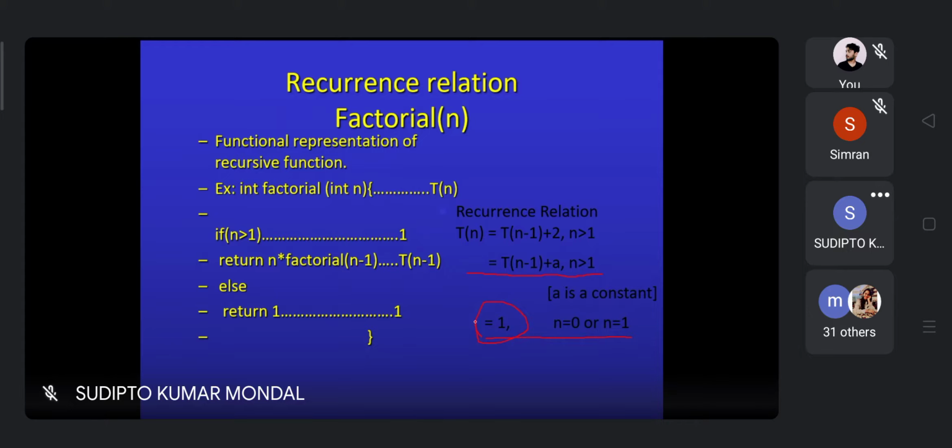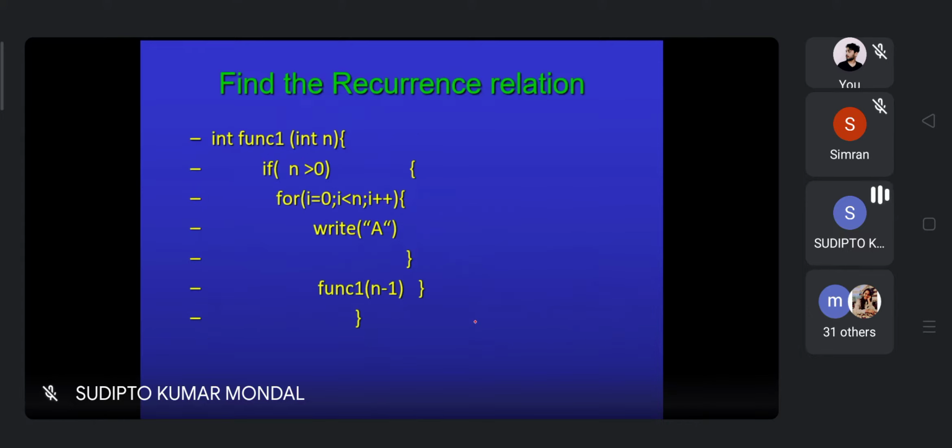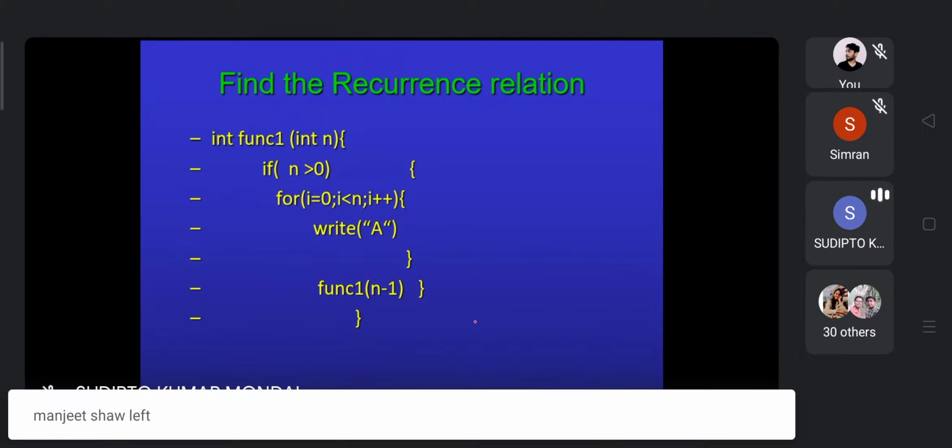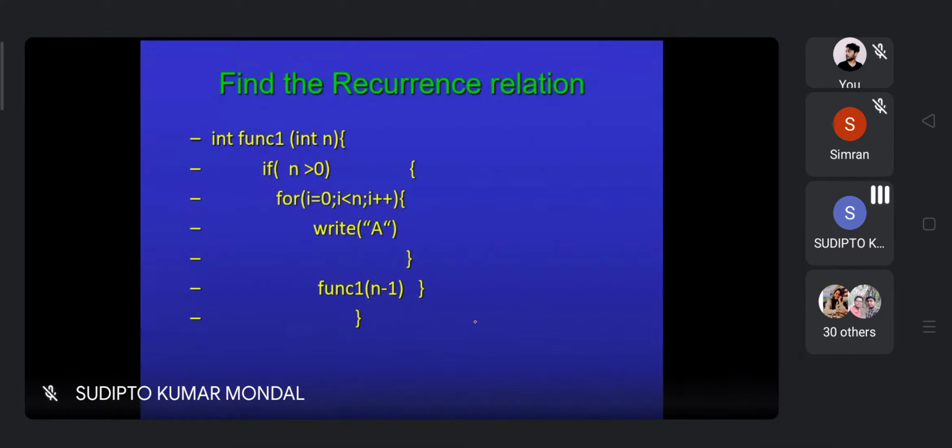Now let's switch to another function. This time my function name is func1, and certain steps are there. She asked me whether the if is always executed one time or not, and I said one. Now this time along with the if we have a for loop. Within the for loop certain steps are there, and outside the for loop one recursive function call, func(n-1), is going on.